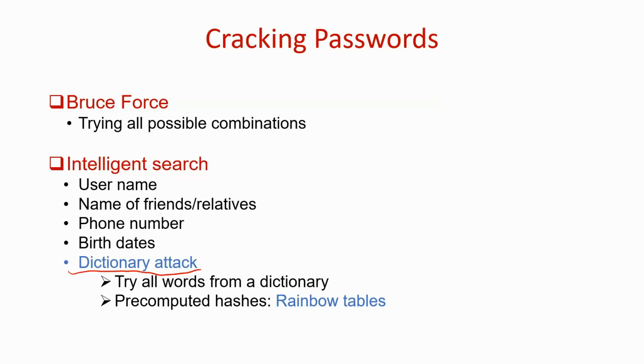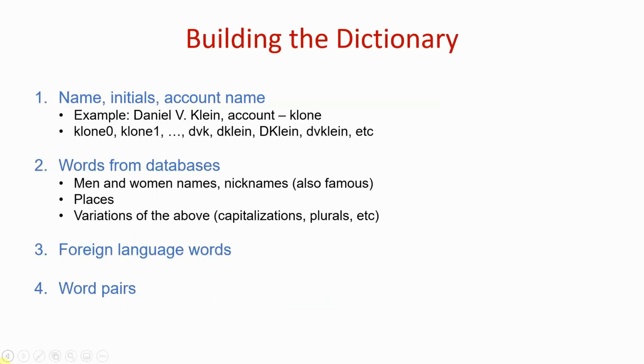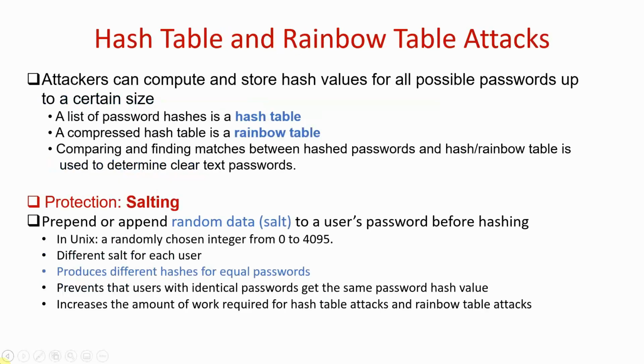A hash dictionary is basically called a rainbow table. It's the hash of all the possible permutations that the attacker has prepared. So whether it's a plain dictionary attack or a rainbow table depends on how the passwords are stored. Storing the hash of the password is, let's say, a medium security way.